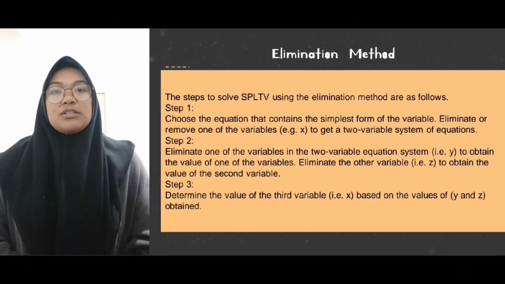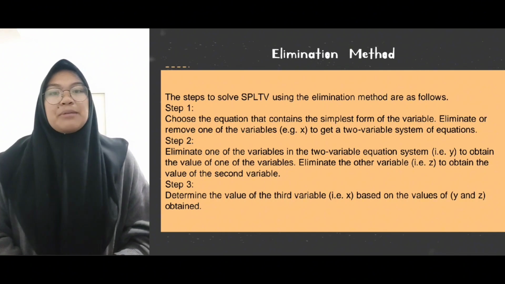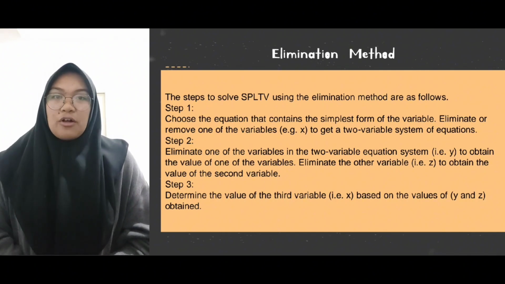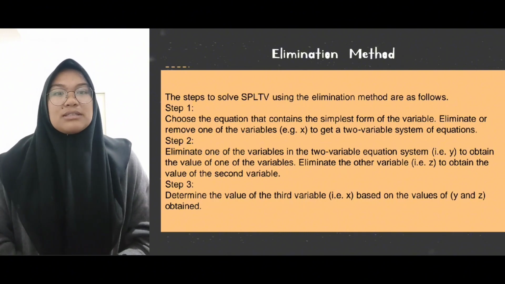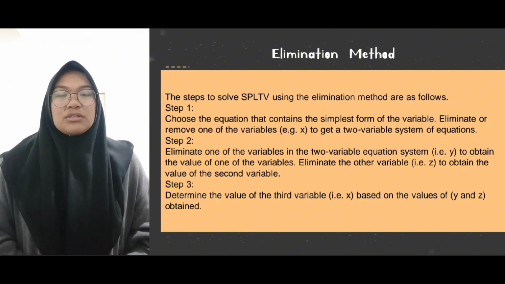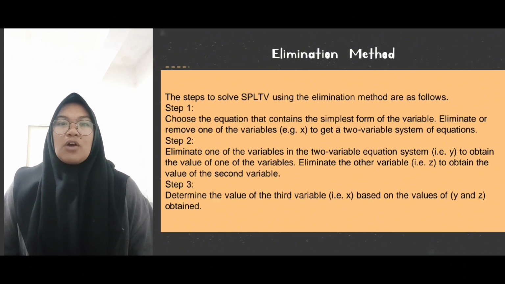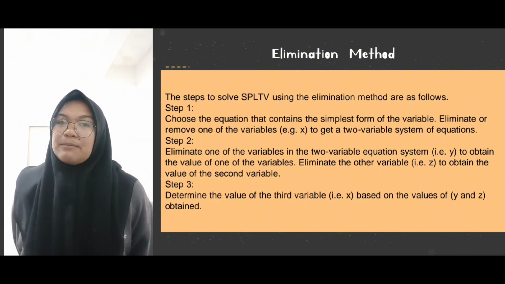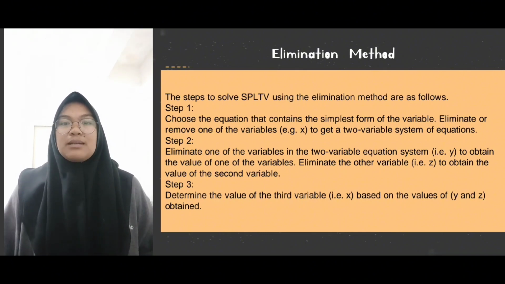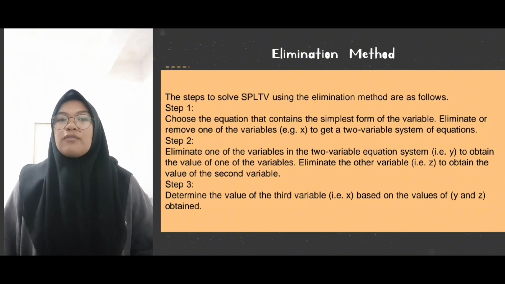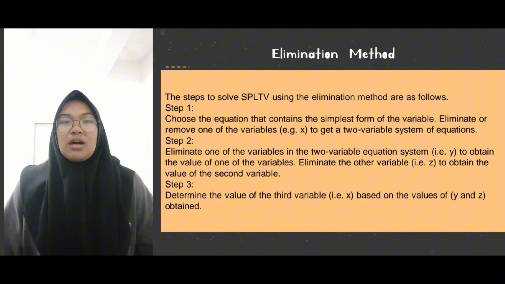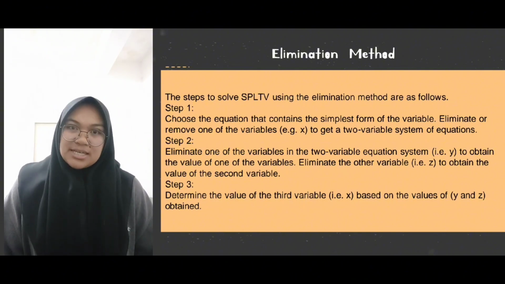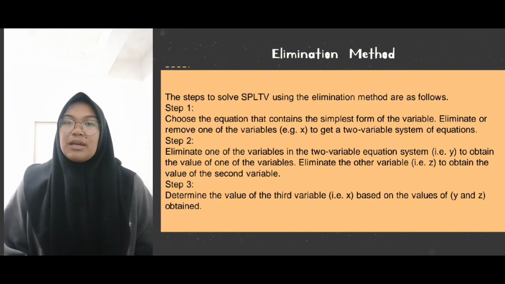2. Elimination method. The steps to solve a system of three-variable linear equations using the elimination method are as follows. Step 1. Choose the equation that contains the variables, and eliminate one of the variables, for example x, to get a two-variable system of equations. Step 2.